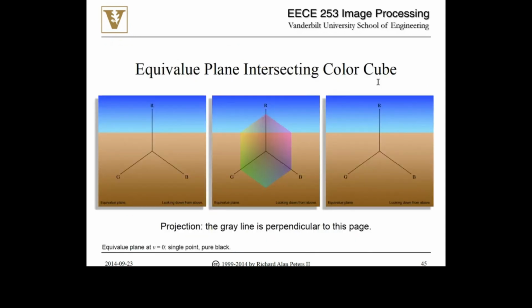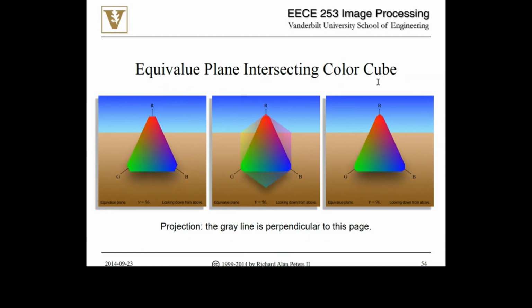Okay, so now let's look at some more intersections. Let's say this is not a hexagon. This is just the 3 color planes: the red blue plane, the green blue, and the green red. Those are the walls of the cube, the sides of the cube, and then we start increasing little by little the V. For different V's, you see how it goes.